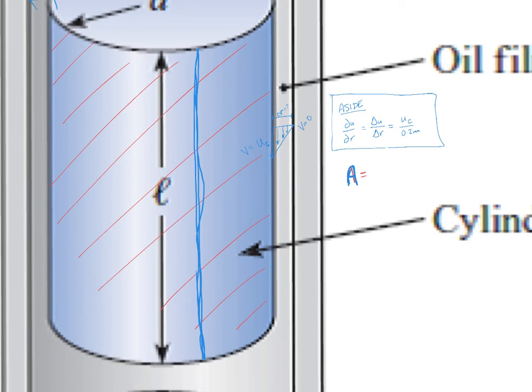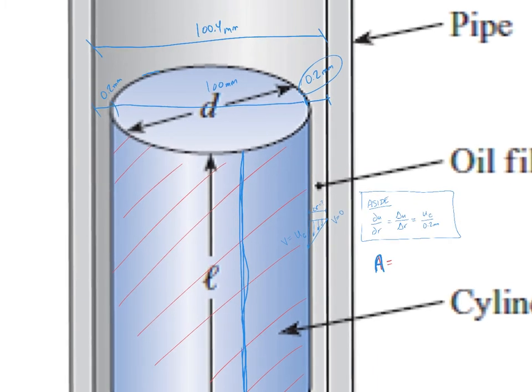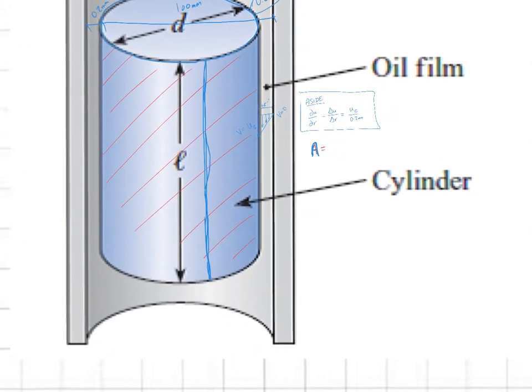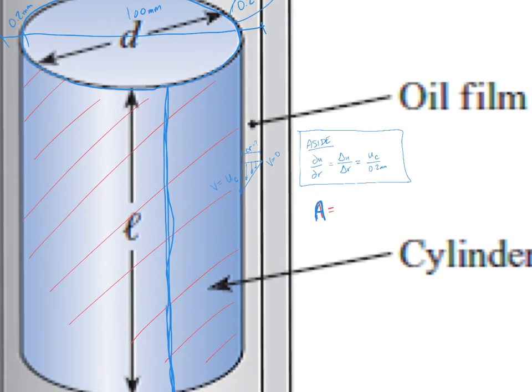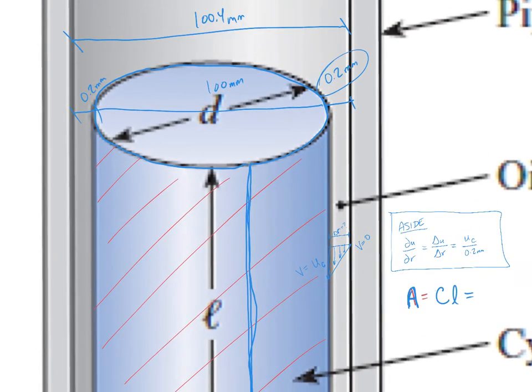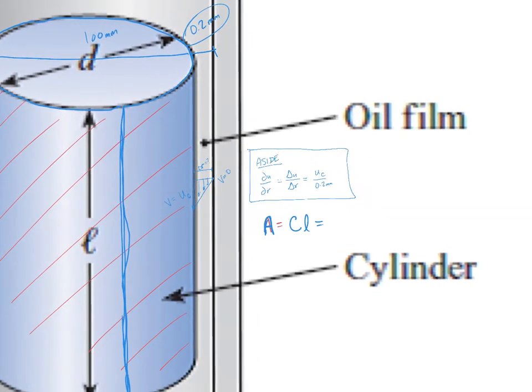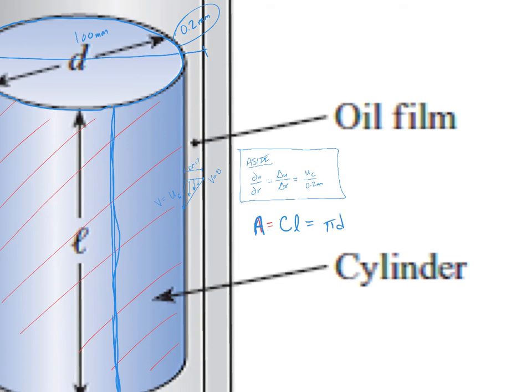One side of the rectangle would be the perimeter of this circle, so let's call that circumference, capital C. Then we multiply times L, since that's the area of a rectangle. However, the circumference in this case is going to be pi times this little d right here. So this area is going to be pi times little d times L. Okay, so that's my area.